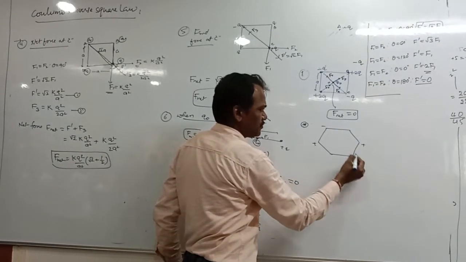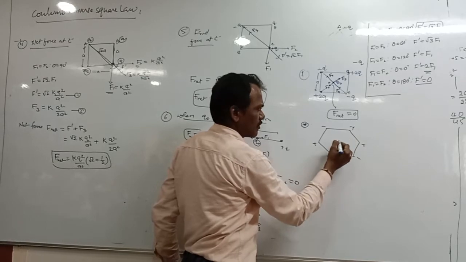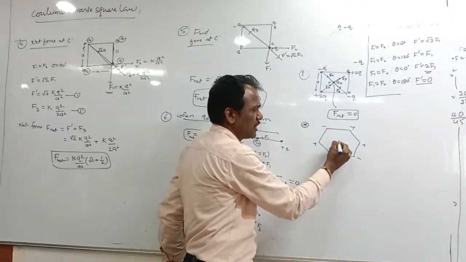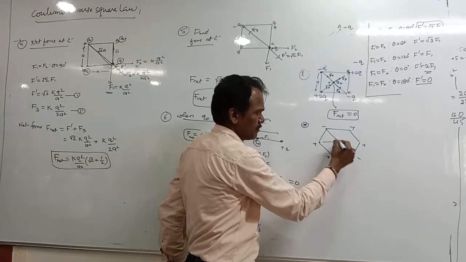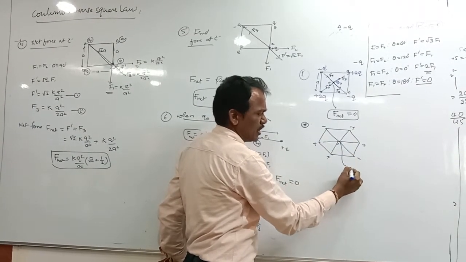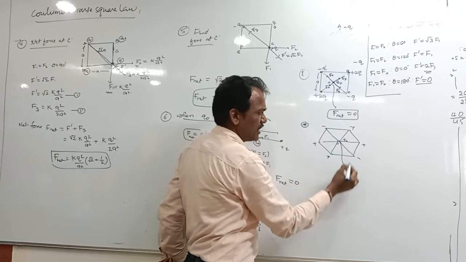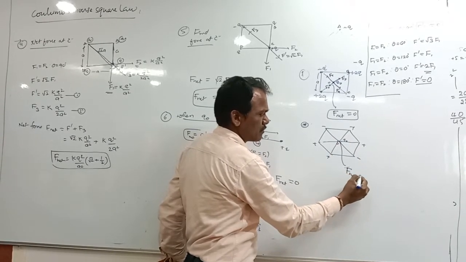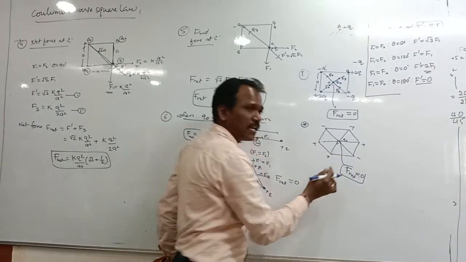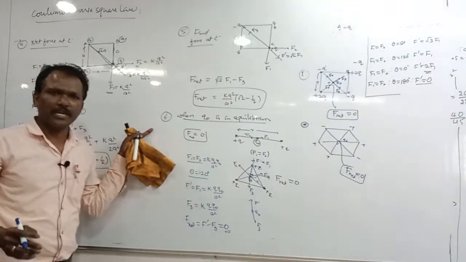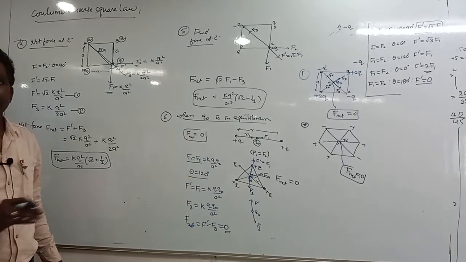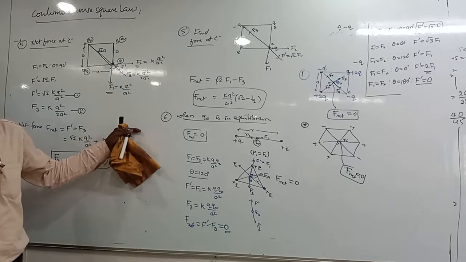Whatever the charges, take equal magnitude of opposite charges. Here if any q naught is taken, the net force is 0. This is at equilibrium due to the charges on the corners of that hexagon, square or triangle, whatever it is.